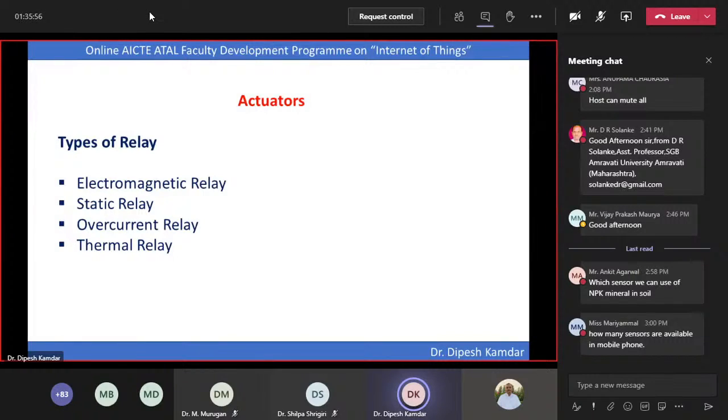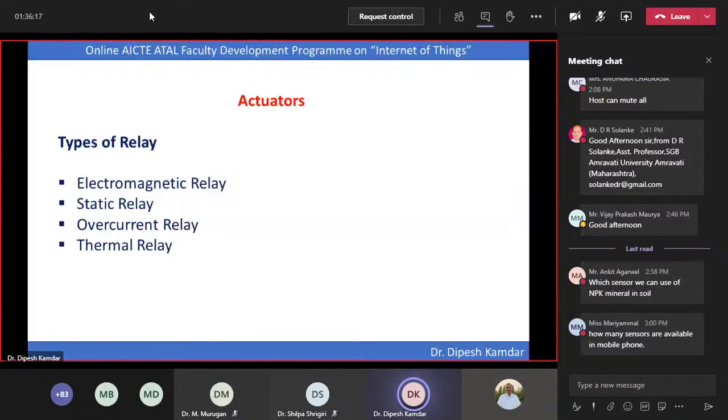Some overcurrent relays are also present which deactivate the circuit if the current is excessive, above some specific value. So in case of a short circuit or a high amount of current drawn by any device, you can just turn it off.